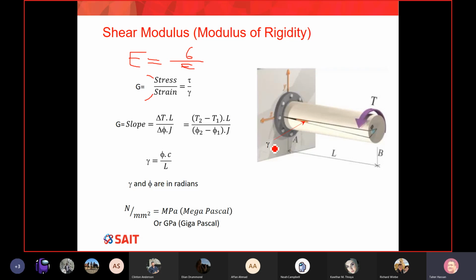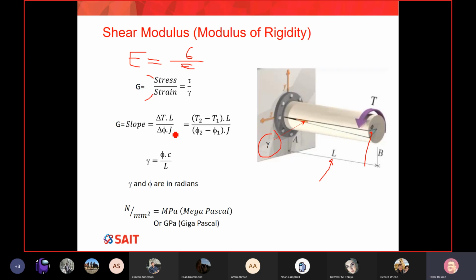So where is gamma in this picture? I showed you here one more time. Here is my specimen. I'm applying a torque or twisting moment. I get the twist angle phi, and the length of my specimen is L, and then finally here is your gamma. So gamma is simply the twist, the angular strain.